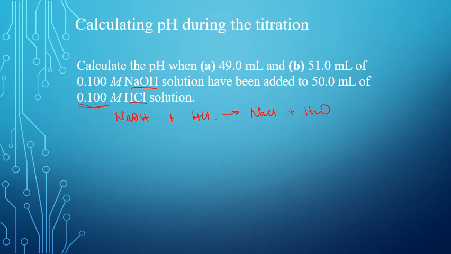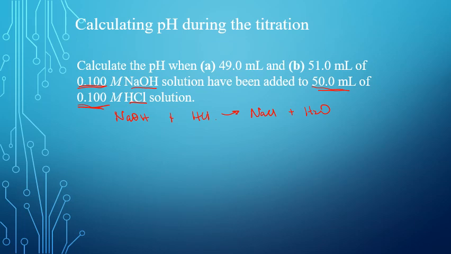Number one, I have equal molar concentrations: 0.1 molar NaOH, 0.1 molar HCl. So since I have a volume of 50 milliliters of the HCl, then I'd have to have the same quantity, 50 milliliters, in order to neutralize the HCl with the NaOH.